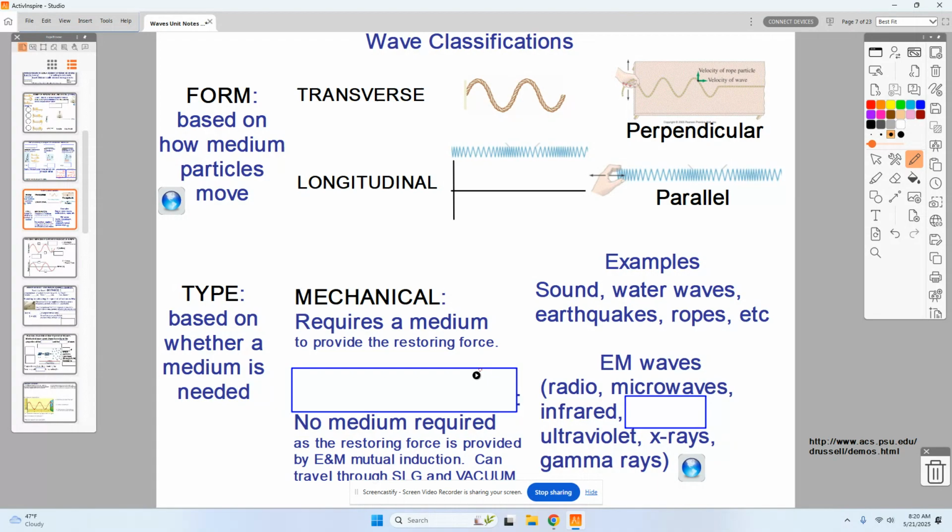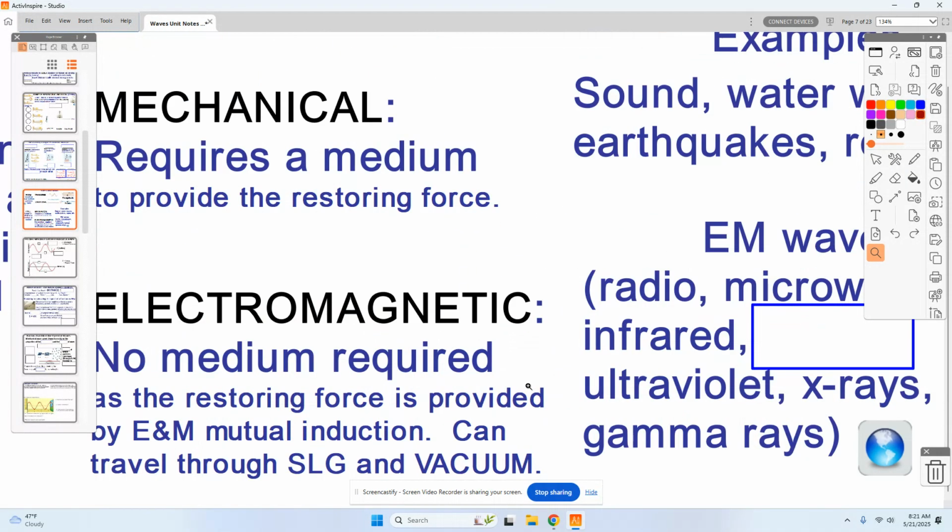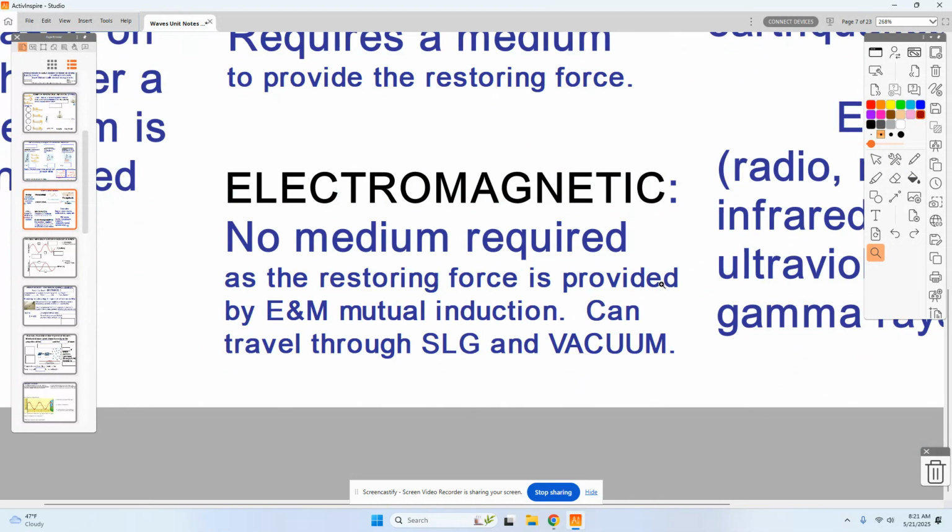Now, electromagnetic waves, things like light, do not require a medium. They can travel through, like our atmosphere, which is composed of oxygen and nitrogen and so forth, but they don't require it. So they can travel through the vacuum of space without any restoring force. As a matter of fact, the E&M mutual induction, the fact that electricity can create magnetism and magnetism can create electricity, that's what provides that restoring force.